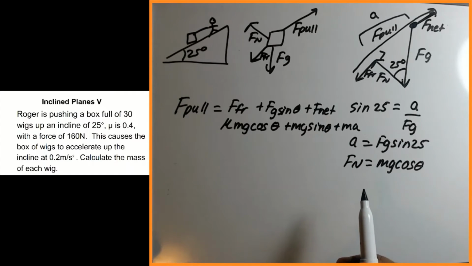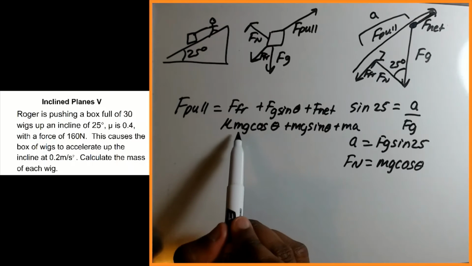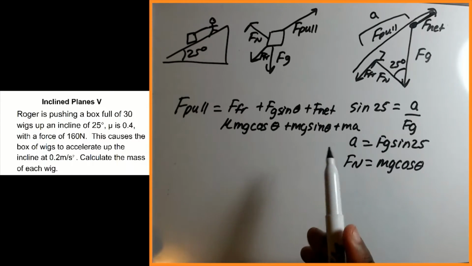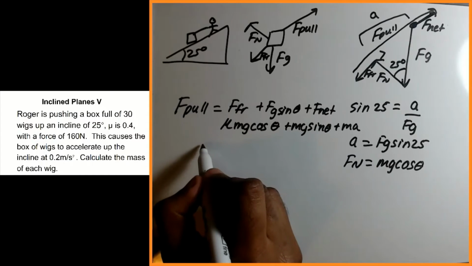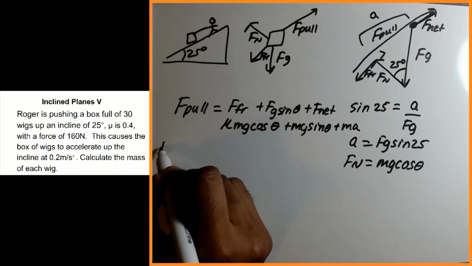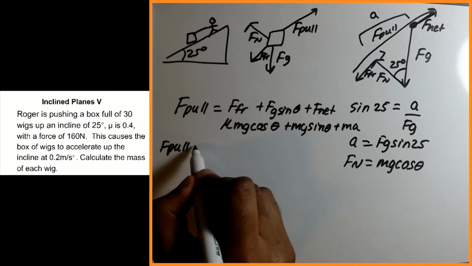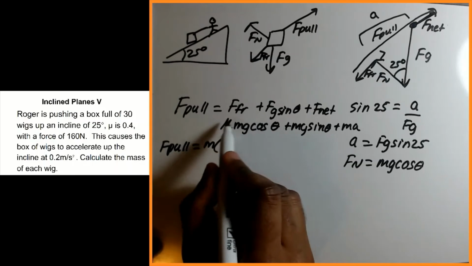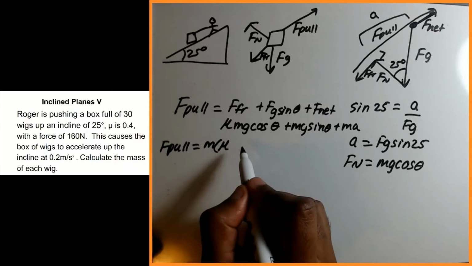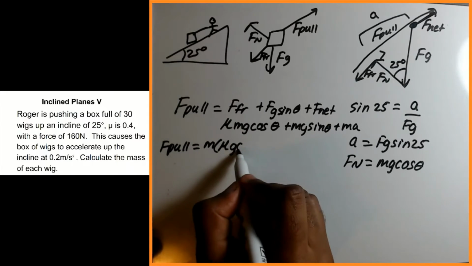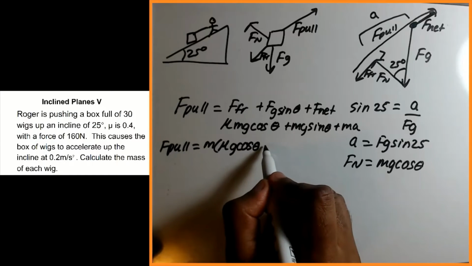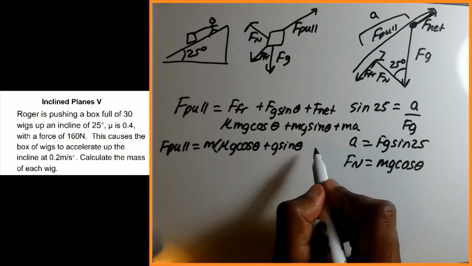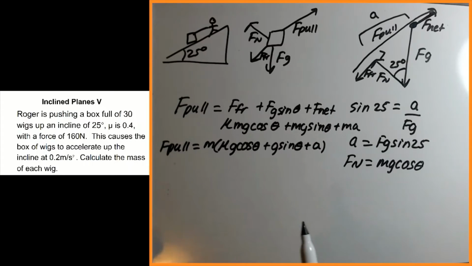All right, so next thing we want to do is to factor out the m, because that's what we don't know, and that's what we're trying to solve. So what we get is F pull is equal to m times mu g cos theta plus g sine theta plus a.